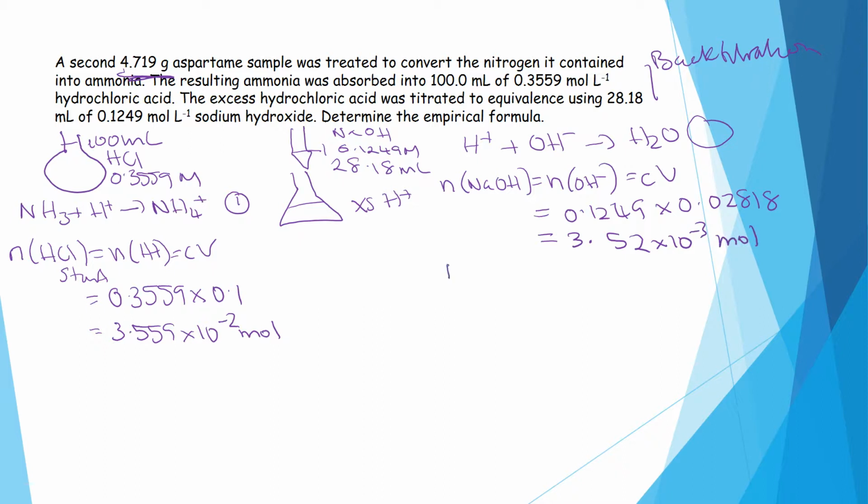This in turn will equal the number of moles of hydrogen ions which are in excess. And please make sure you state it so that your marker is your friend.